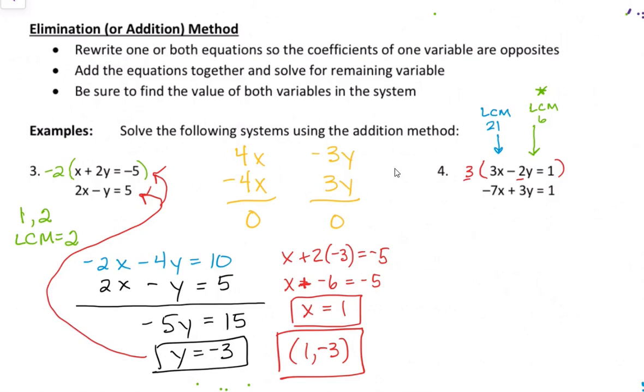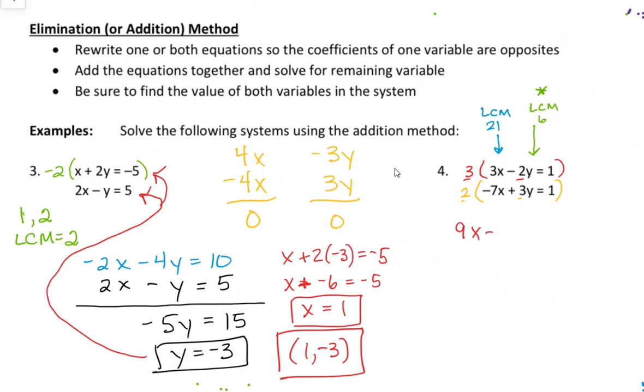And then I'd have to multiply the second equation by 2, since the 2 times the 3 would give me the 6 that I need. Now, I don't need either one of those to be negative because I've already got opposite signs in front of the y's. Okay, so the first equation gets multiplied by 3.